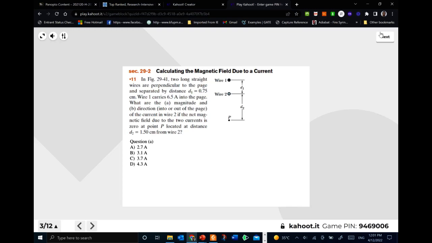Wire 1 carries 6.5 amps into the page. So you can see the wire 1. What are the magnitude and direction, into or out of the page, of the current in wire 2 if the net magnetic field due to the two currents is 0 at point P? So the magnetic field at point P is 0, and they want you to determine the magnitude and direction of the current I2. Simple.